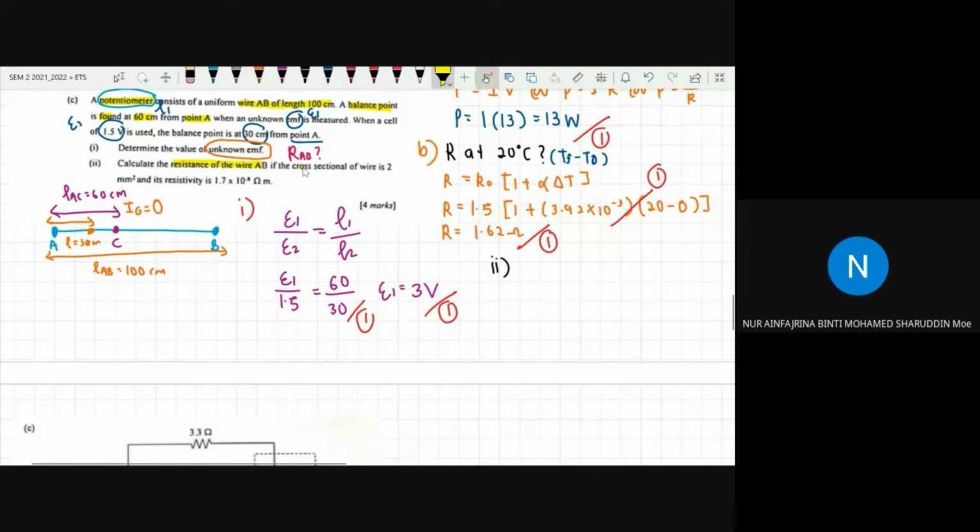Kalau cross sectional area dia 2 mm squared dan resistivity dia adalah 1.7 times 10 to power of negative 8 ohm meter, kita dah tahu length dia, formula apa yang kita akan pakai? Anyone?